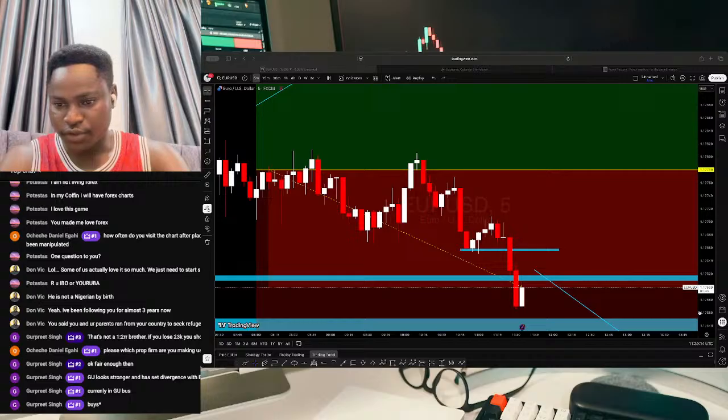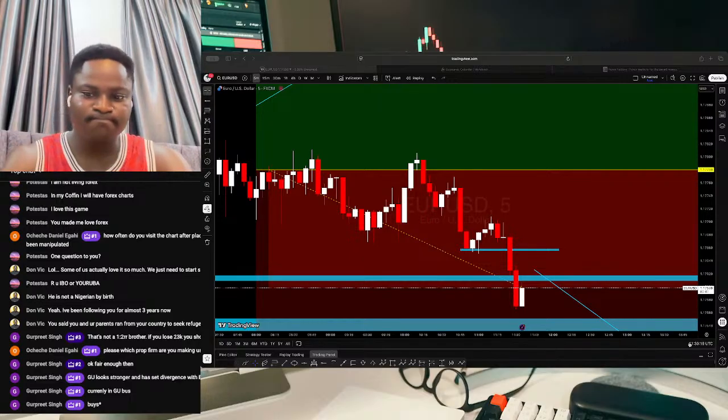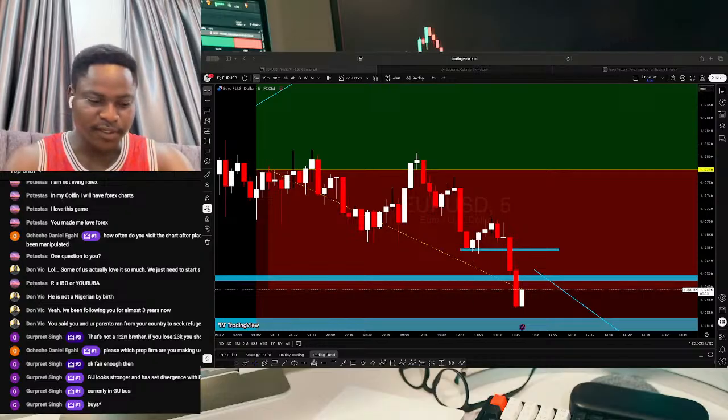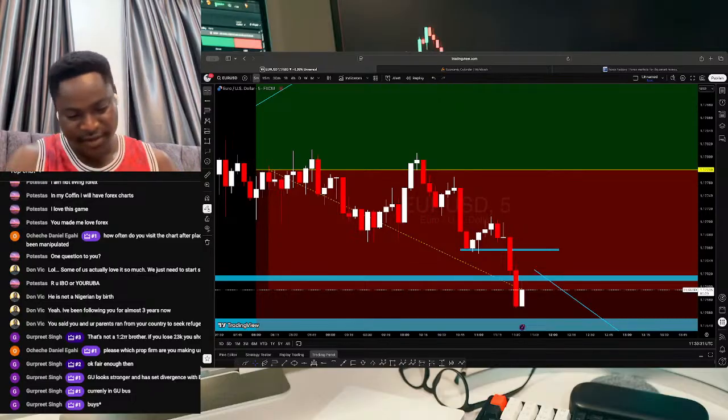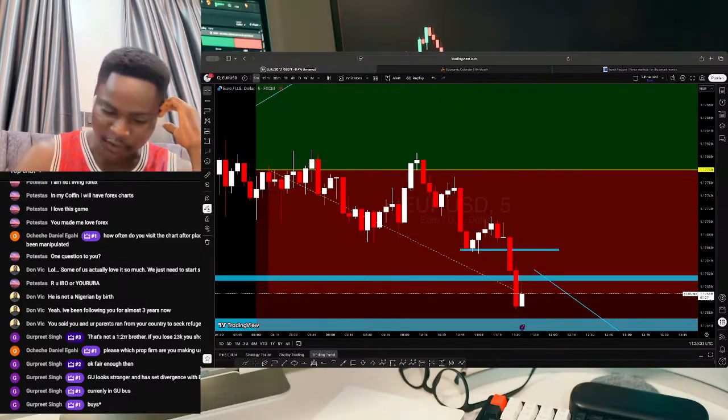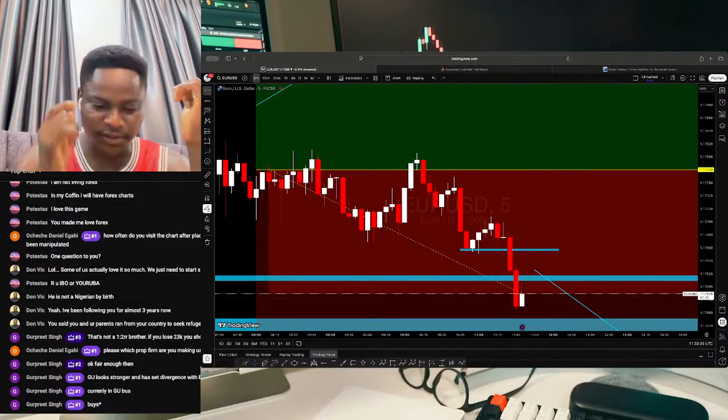So GU looks stronger, and okay, I think I've read that. Currently in GU buys. That's cool. GU is going to be buying. The whole bias, guys, is a buy actually. So forget the fact that we might see some sort of drawdowns right now.